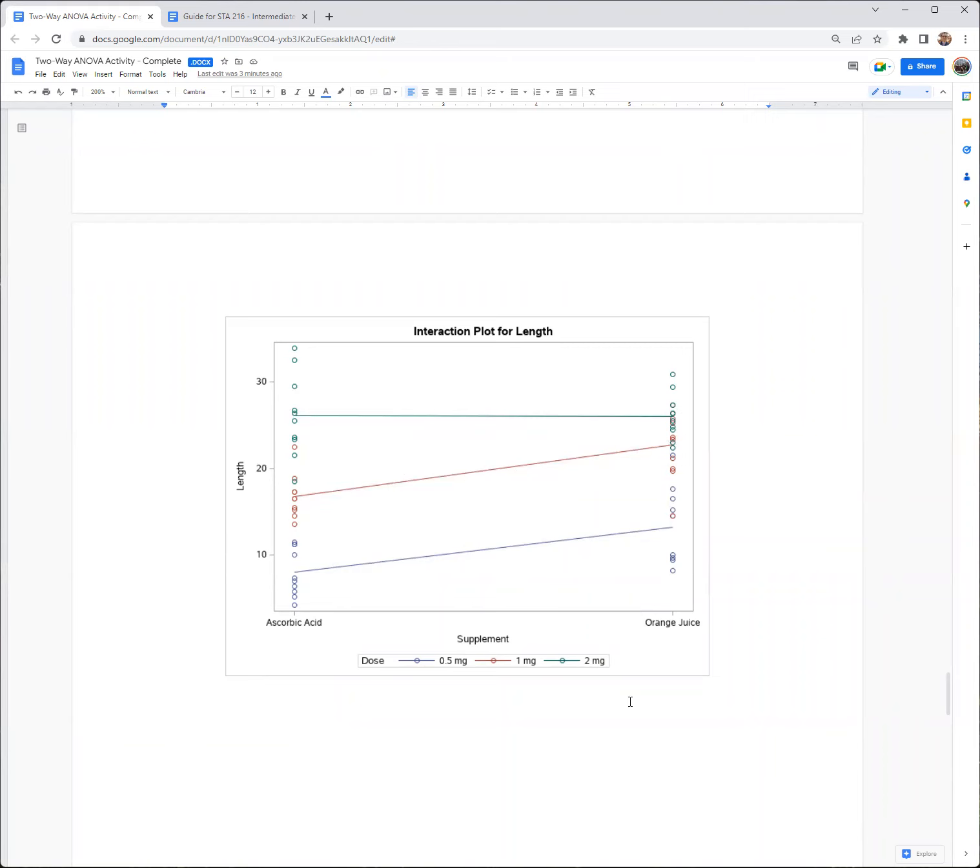Overall, this plot suggests there is an interaction present. So to emphasize that again, because not all line segments are parallel in this plot, that suggests there is an interaction present between the supplement type and the dosage level.